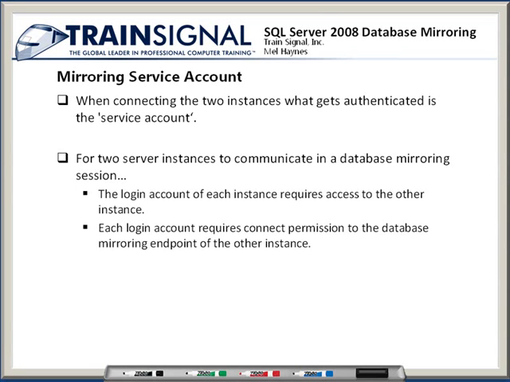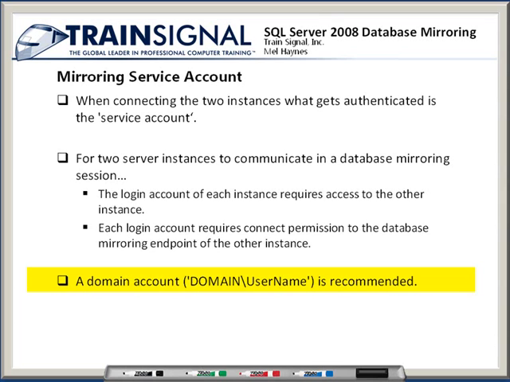Now that's a lot of words, but actually implementing it, there's a simple way to make it work, which is the recommended way that we're going to look at. You typically want to run each instance, the principal and the mirror, on a domain account and have them both use the same account.